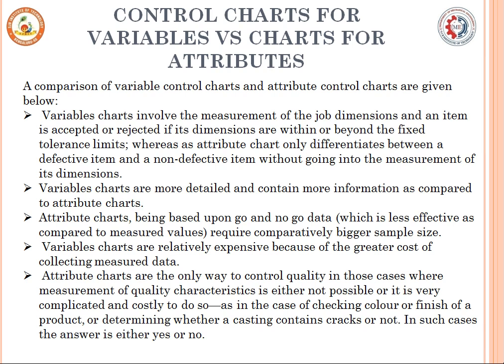Attribute charts are based on go or no-go data and require a comparatively bigger sample size. Variable charts are relatively expensive because of the greater cost of collecting measurement data. Attribute charts are the only way to control quality in cases where measurement of quality characteristics is either not possible or very complicated.